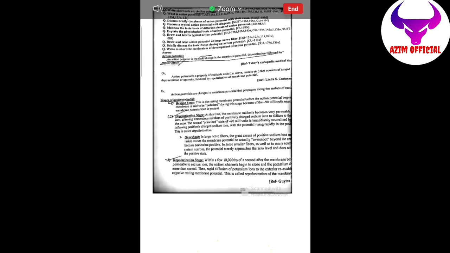That means it opposes the diffusion caused by the concentration difference of that particular ion. So the Nernst potential differs for each ion; it has a different level.